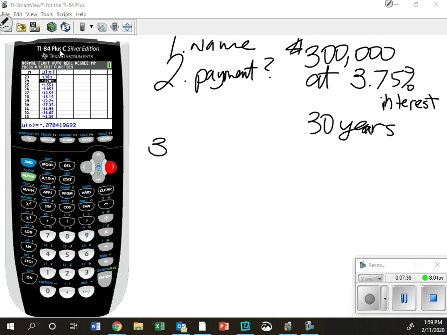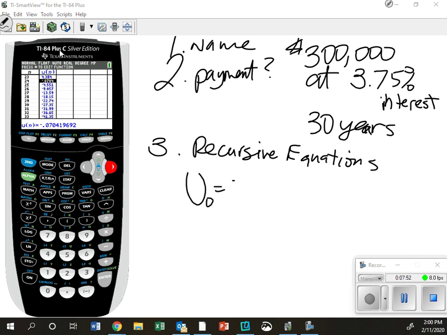Question 3 is, I'd like you to write the recursive equations for this. You know, like u sub 0 equals 20. U sub n equals u sub n minus 1 times 1 plus, you know, that kind of thing. Write the recursive equations for this situation.